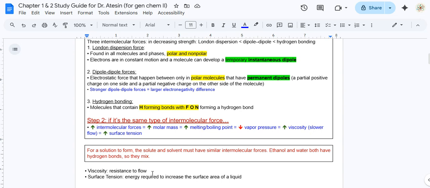So honey has a higher viscosity than water. And surface tension is the energy required to increase the surface area of a liquid, which is a kind of confusing definition, but it's the property responsible for the beading up of a liquid.